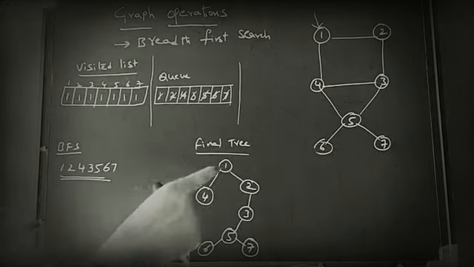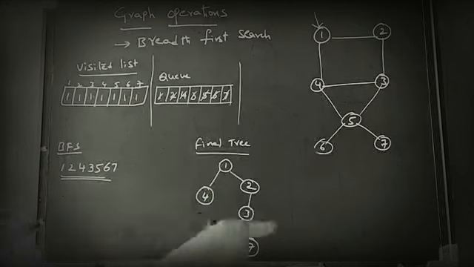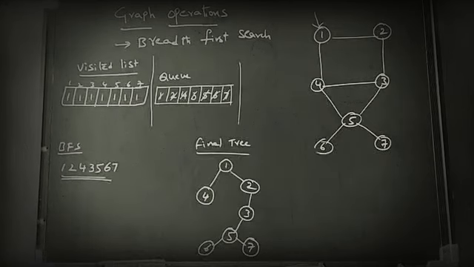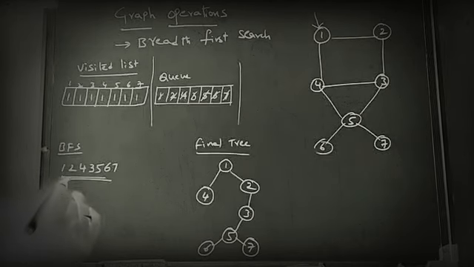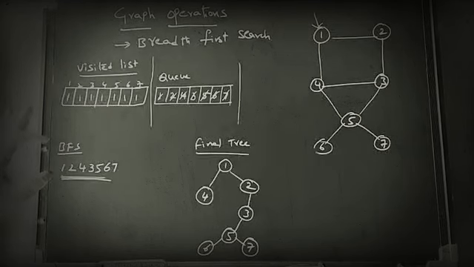The same process: whichever position has 1, place it in the same position, and the final tree is made without loops, a loop-free subtree. So this is the order you have to find, searching from the starting node to every node in the given graph. This is the way of finding breadth first search.